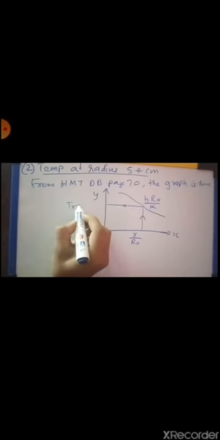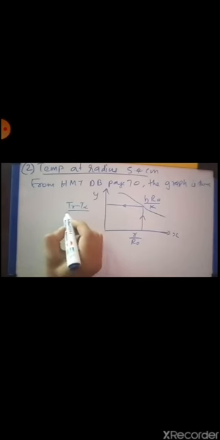This is the x-axis and this is the y-axis. In that graph, x-axis is r by r0, and the curve is the same, that is hr0 by k, and the y-axis is given as Tr minus T alpha divided by T0 minus T alpha.